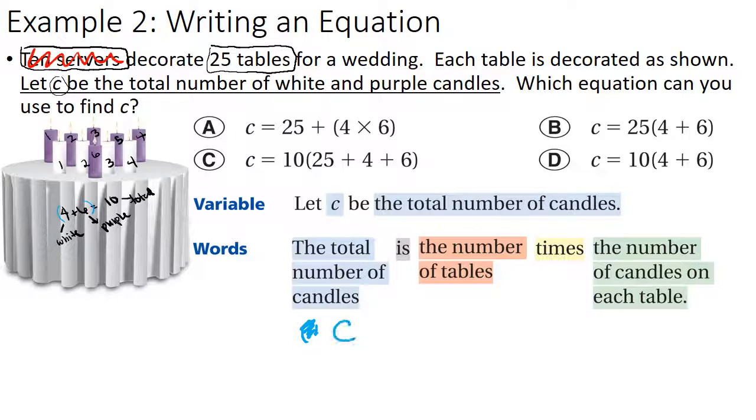So we're going to let our variable C be equal to the number of tables, which is 25, times the number of candles on each table, which we are letting be 4 plus 6, which in this case would tell us that our answer is going to be B, because we can say C is equal to 25 times 4 plus 6.